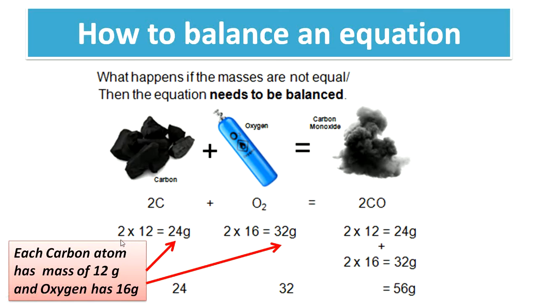We do 2 times 12 because we have 2 carbon atoms, and 2 times 16 because we have 2 oxygen atoms, and we have 2 times 12 because of the 2 in front of the carbon, which belongs to the carbon as well as the oxygen. And the sum here, 56, should be equal to the sum of 24 plus 32, which it does. So this equation is balanced.